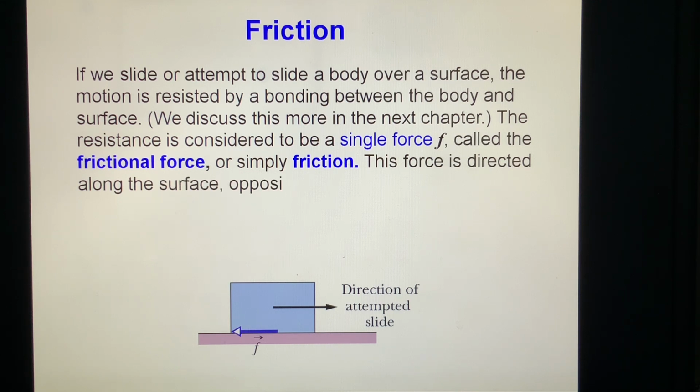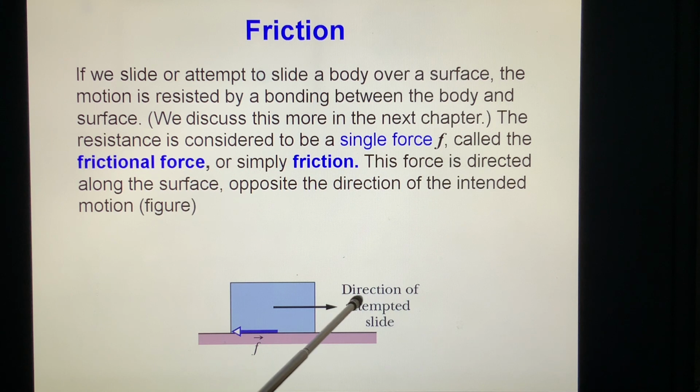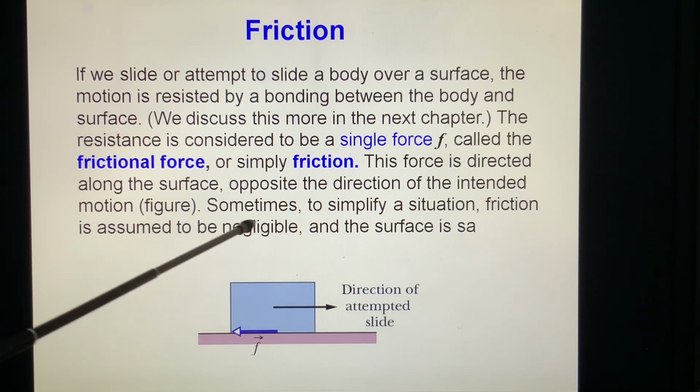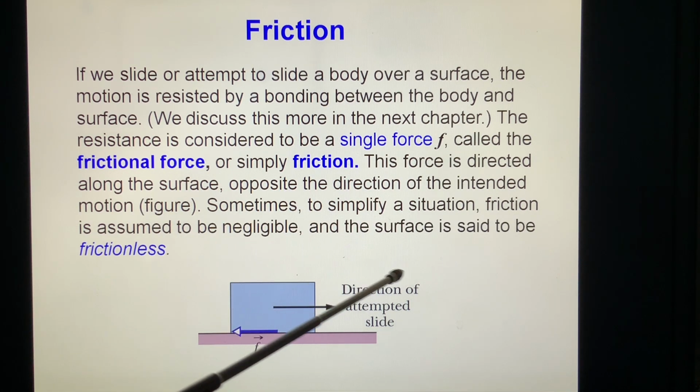This force is directed along the surface, opposite the direction of the intended motion. Sometimes, to simplify a situation, friction is assumed to be negligible, and the surface is said to be frictionless, no friction.